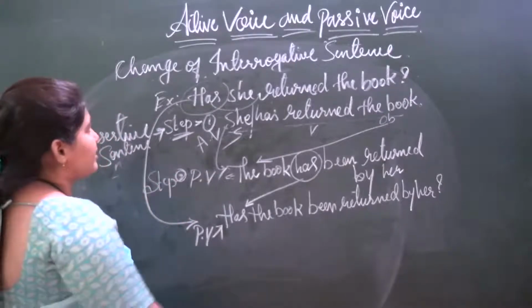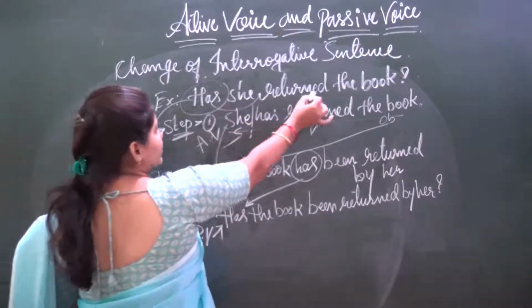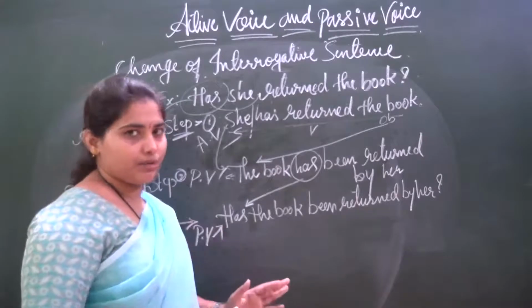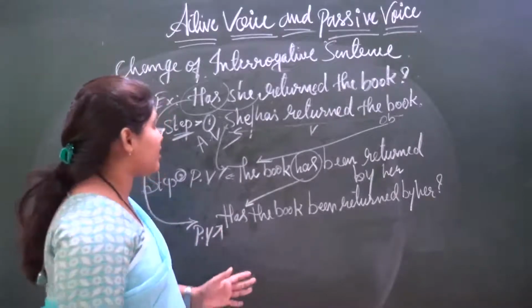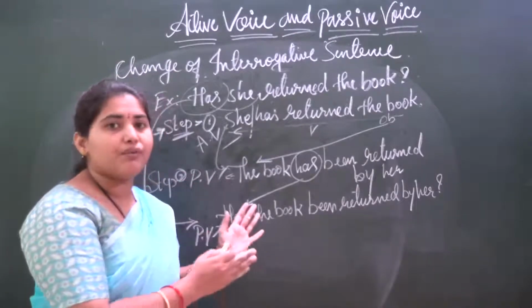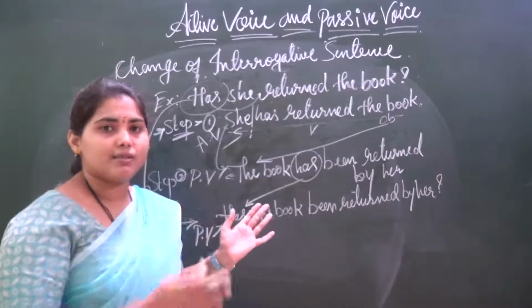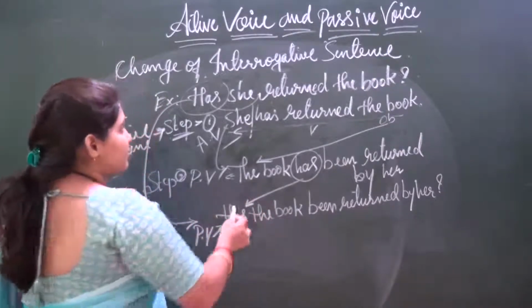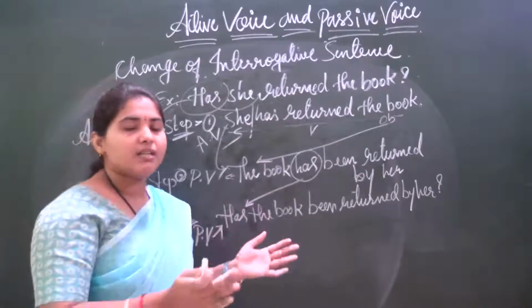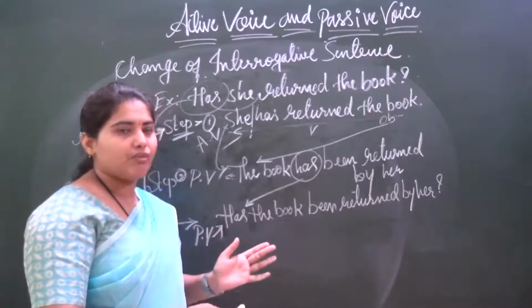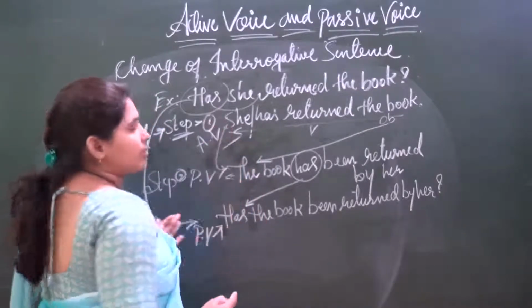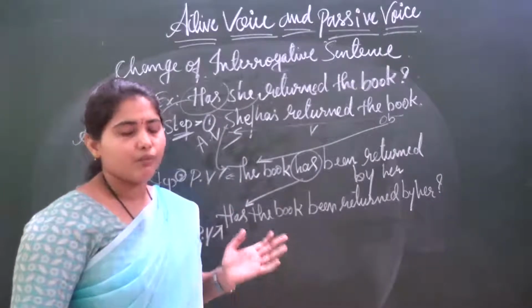See carefully. Listen carefully. Has she returned the books? This is a yes or no question, right? And this yes or no question you have to convert into the assertive sentence. What is the assertive sentence here? Just interchange the auxiliary verb. Okay. So a yes or no question always starts with the auxiliary verb.